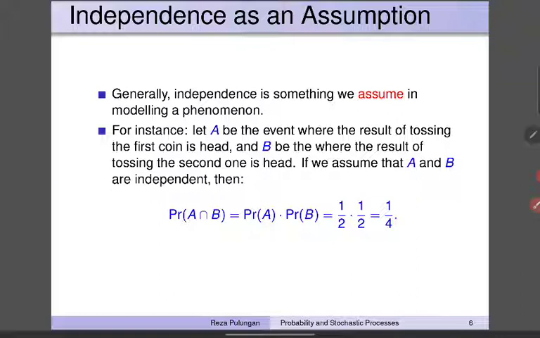For instance, let A be the event where the result of tossing the first coin is head, and B be the event where the result of tossing the second one is head. If we assume that A and B are independent, then the alternative formulation applies. Namely, we assume first, and this fact must follow. The probability of A intersection B must be equal to the probability of A multiplied by the probability of B, which must be equal to 1/4.